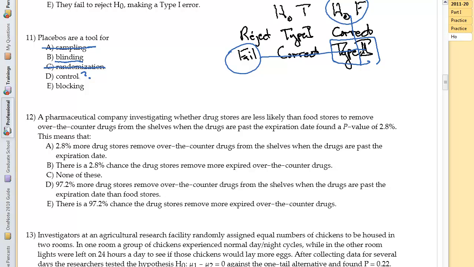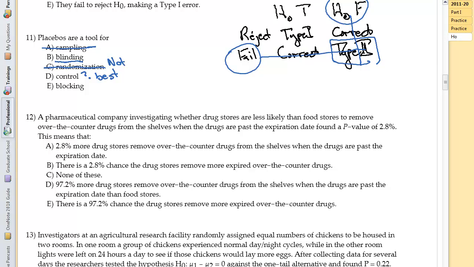So you're controlling a little bit for the placebo effect, but this is not the best answer. And with multiple choice, you're always looking for the best answer.